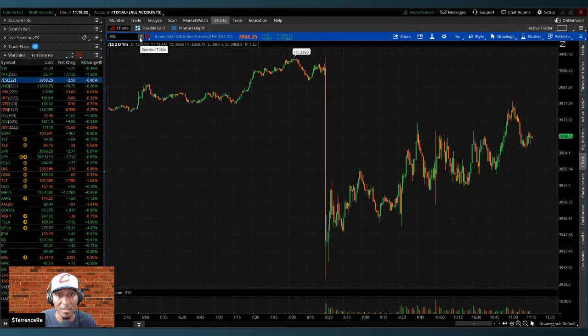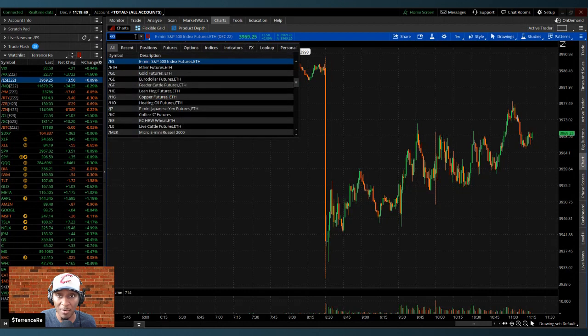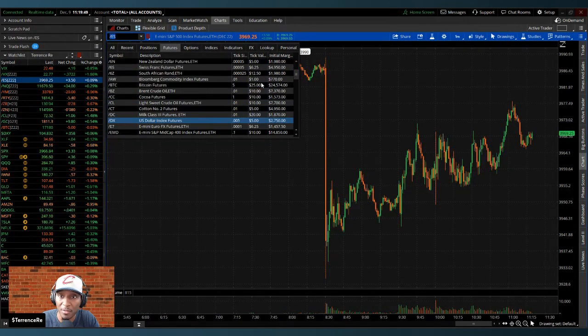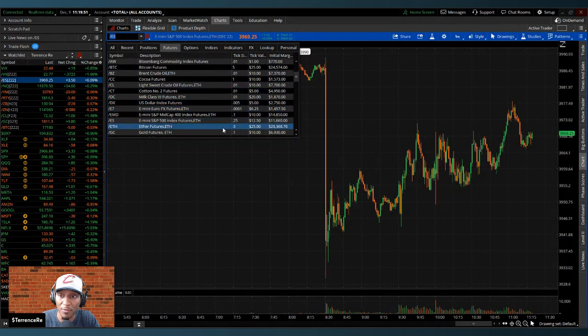And one way to see in the futures market what each tick or handle is, I'm gonna come up here to the symbol, click down right here, come over to the futures market, and click on futures. Here are the futures and the margin requirements to trade them. Now we would just find /ES, which says mini S&P 500 index futures.